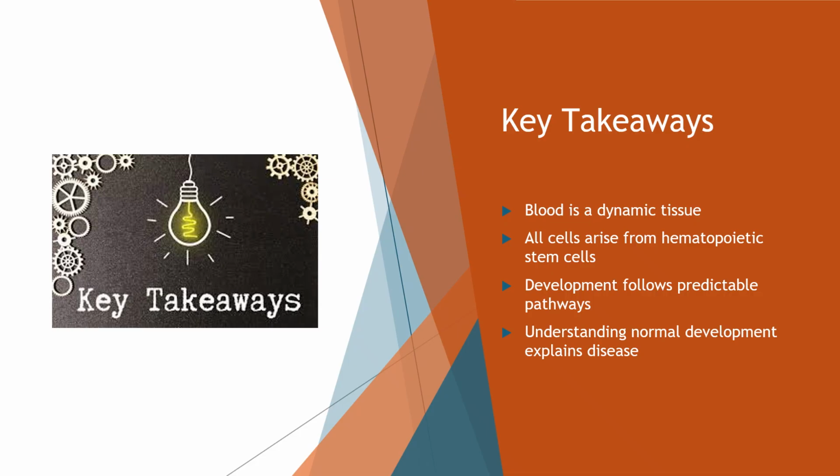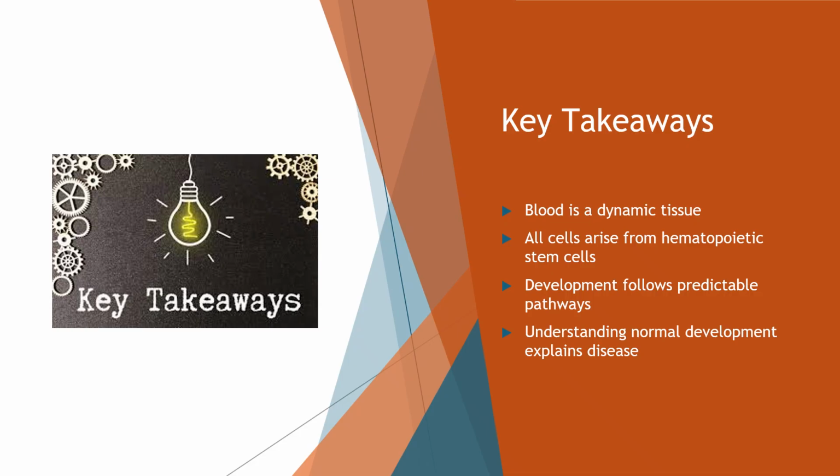Let's pull everything together. First, blood is a dynamic tissue. It's constantly renewing itself, which makes it both incredibly informative and incredibly responsive to disease. Second, all blood cells originate from hematopoietic stem cells. That shared origin explains why developmental pathways matter so much. When development goes wrong, morphology tells the story. Third, development follows predictable pathways.